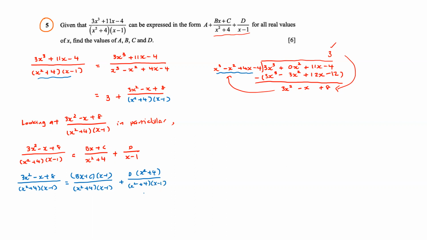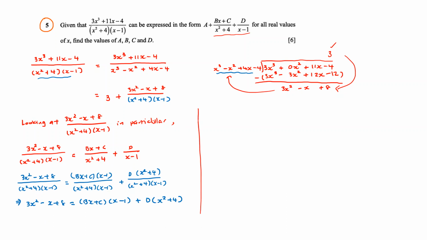Okay, now what does this tell me? This tells me that the denominators are all the same, and because they are all the same, I could just focus on the numerator and compare them left versus the right. So therefore, 3x squared minus x plus 8 equals to bx plus c bracket x minus 1 plus d bracket x squared plus 4.